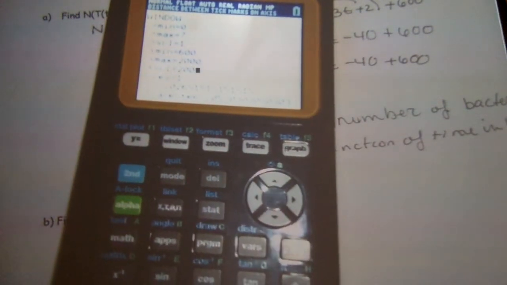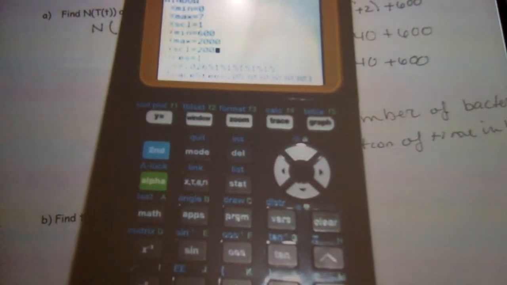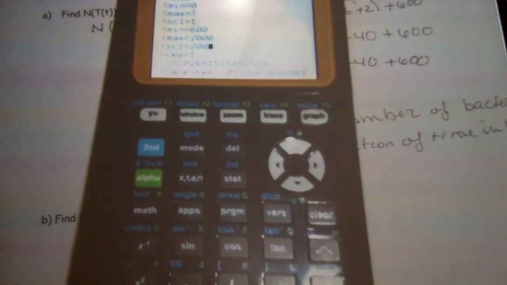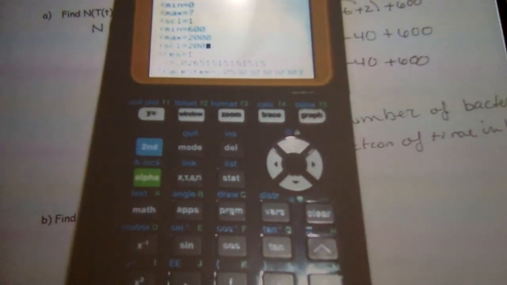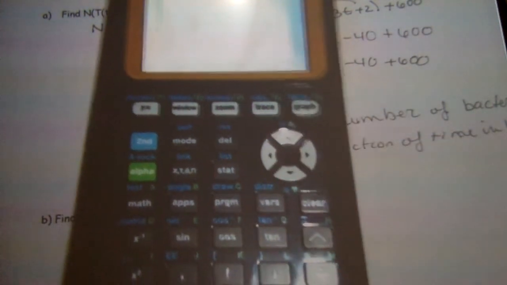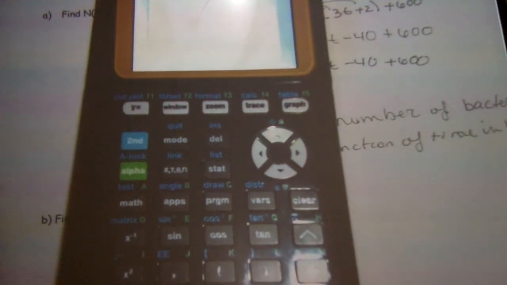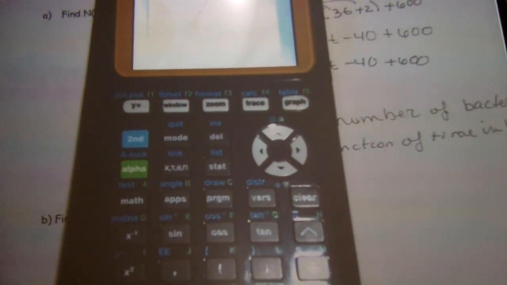So make our y scale 200. Everybody with me? Anyone not have this stuff filled in? Hit graph. Okay, there's our t squared.